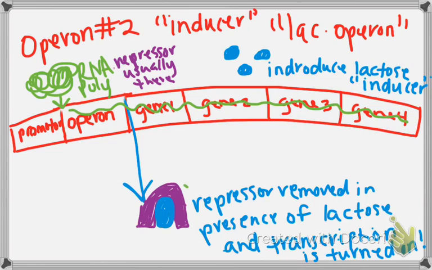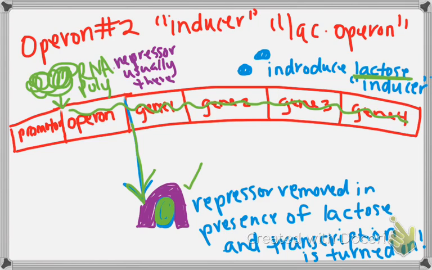It couldn't do it before because that repressor was there. But because lactose was introduced, it came and filled up that space, removed that repressor because it didn't fit on the DNA strand anymore, and transcription is then turned on.